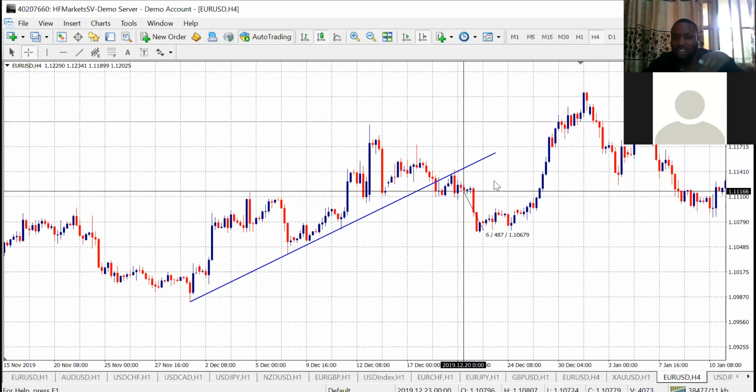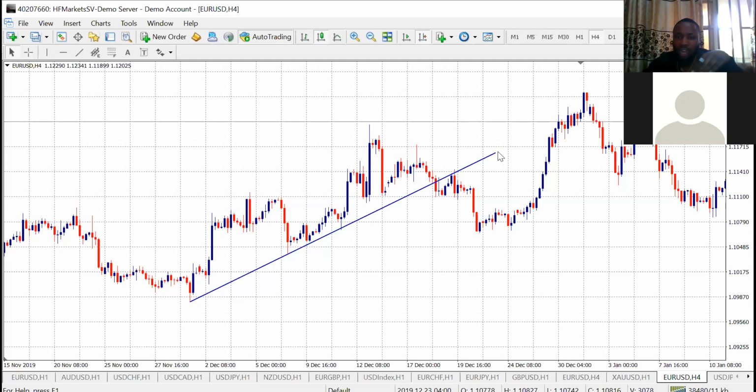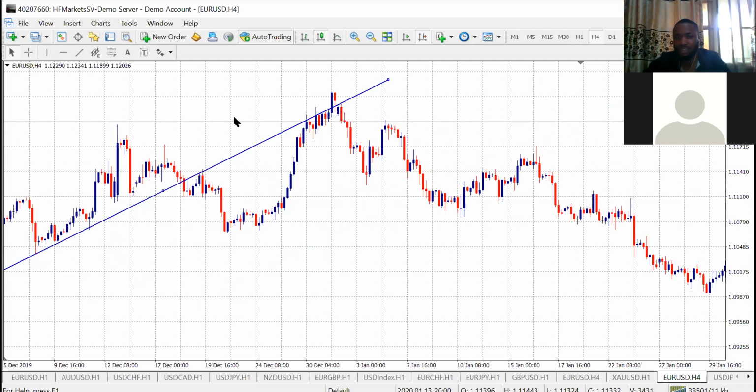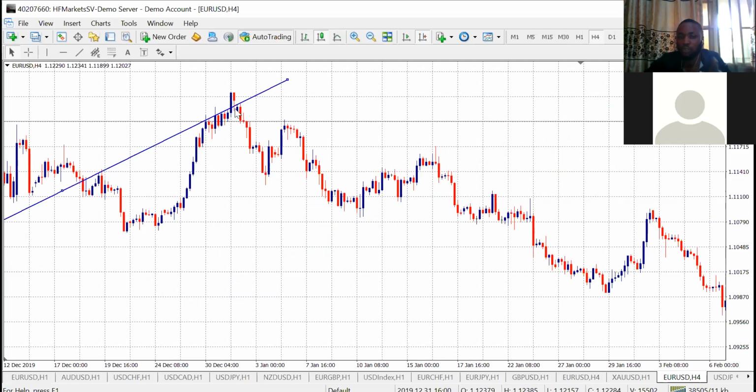And after that, if I want to make this trend line longer, this trend line that was acting as a support initially was now acting as a resistance. You can see when the market got to this trend line again, the market got rejected, which says that the trend line that was acting as a support before is now acting as a resistance. And you can see what happened after the market got to that resistance, the market went back down.